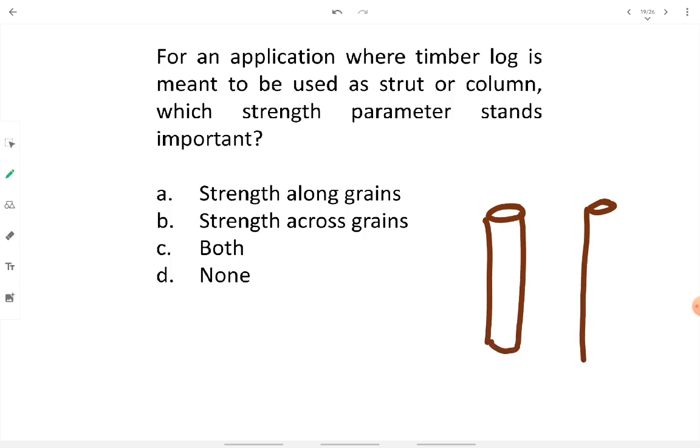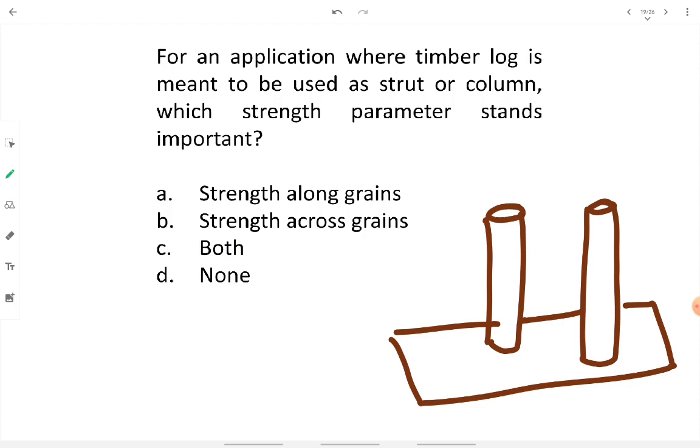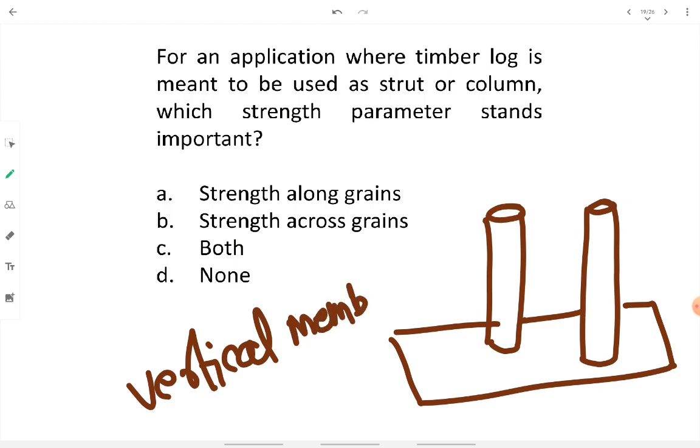In short, the timber log or wooden log is kept on a surface and used as a vertical member, such as a strut, short column, or just a vertical member in any construction purpose.